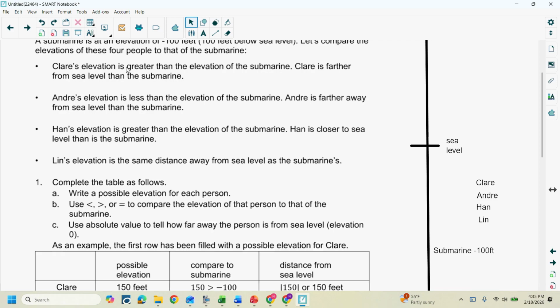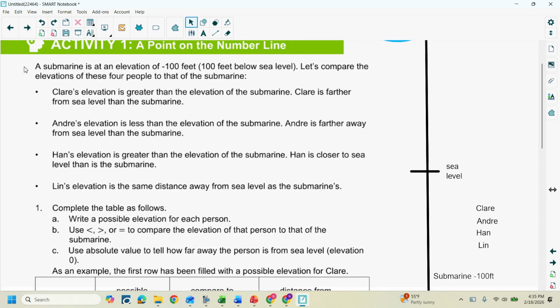So Claire's elevation is greater than the elevation of the submarine. So the submarine is down here at negative 100 feet, because it says the submarine is at an elevation of negative 100 feet or 100 feet below sea level. And so let's compare the elevations of these 4 people to that of the submarine.